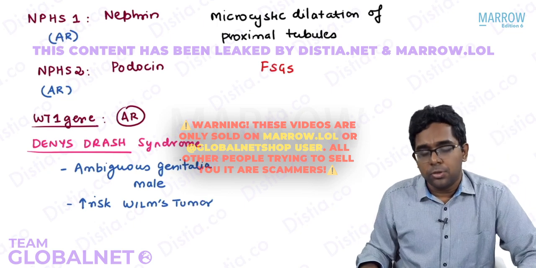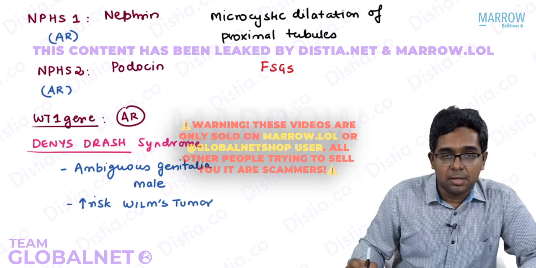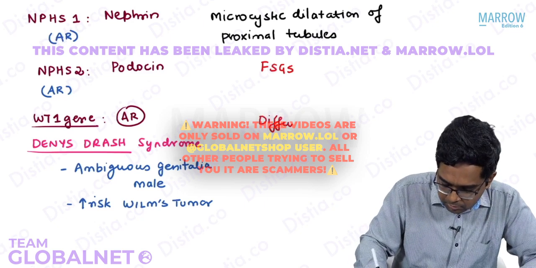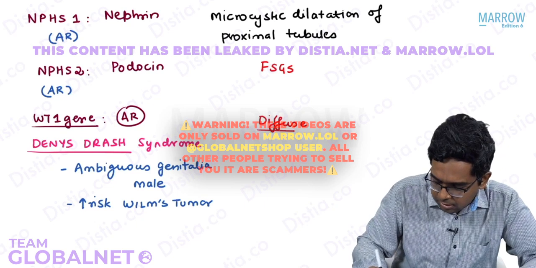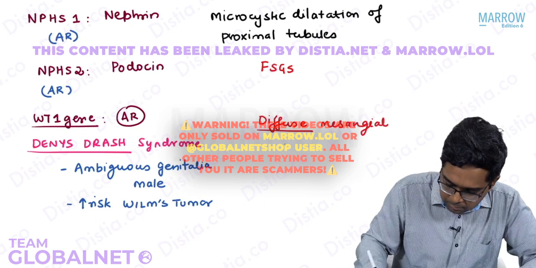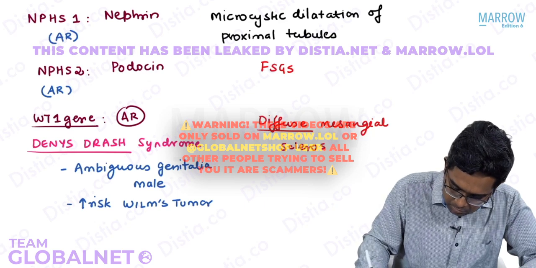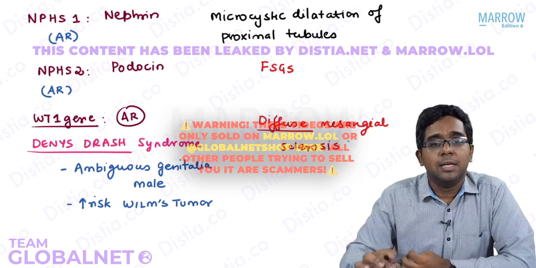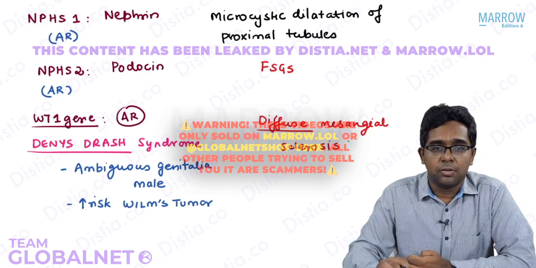Okay, and if you do the pathology in this condition, you will get diffuse mesangial sclerosis. It's not a focal sclerosis, but diffuse mesangial sclerosis. So these are some of the important conditions which come under the category of congenital nephrotic syndrome.